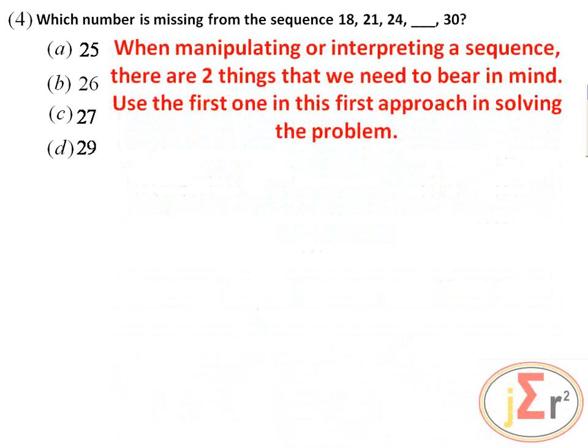So let's see. When manipulating or interpreting a sequence, there are 2 things that we need to bear in mind. Use the first one in this first approach in solving the problem. 1, terms in a sequence are related to each other.